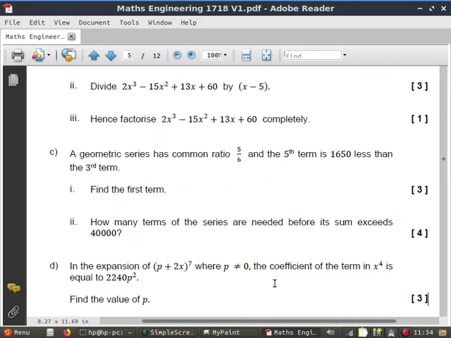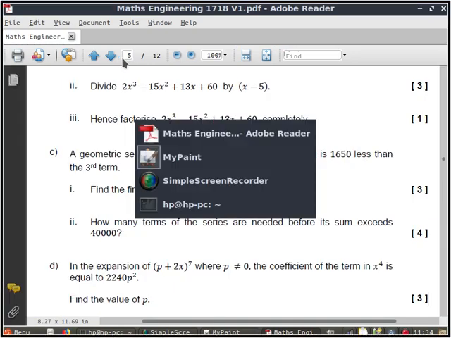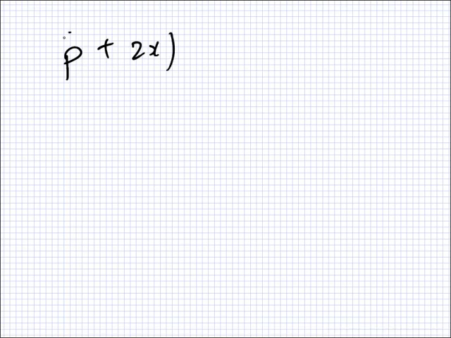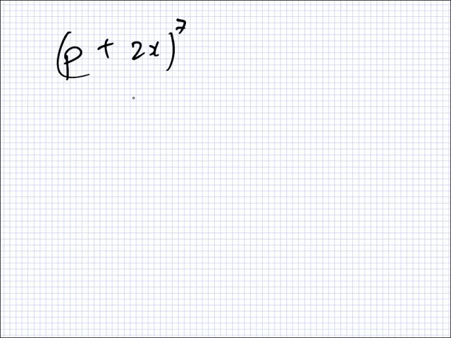In the expansion of (p plus 2x) to the power 7, the coefficient of x^4 is 2240p squared. So the x^4 coefficient is 7C4, p, 2x.